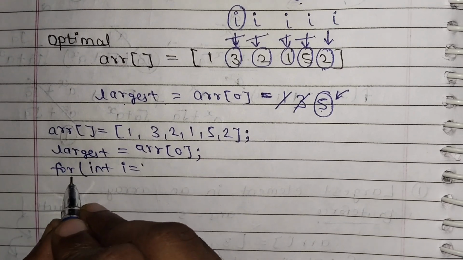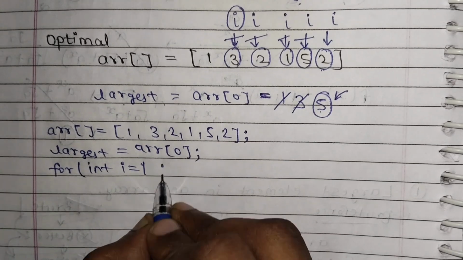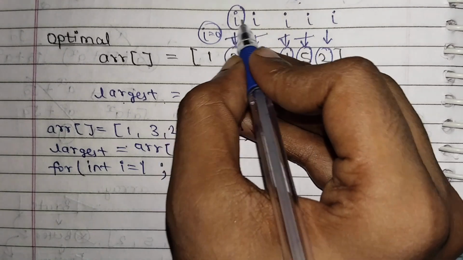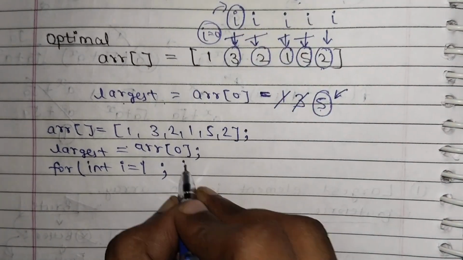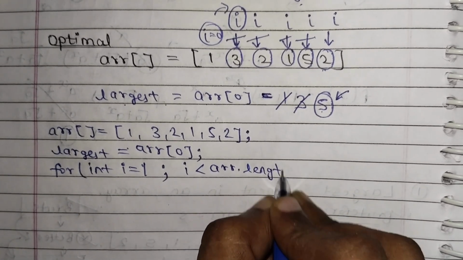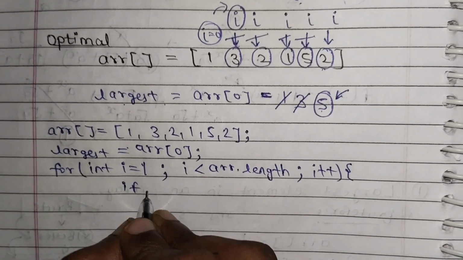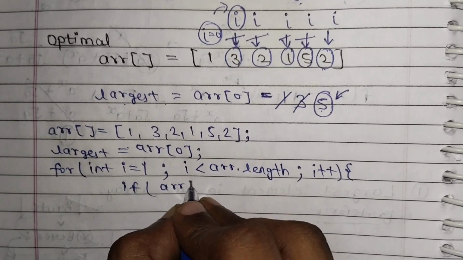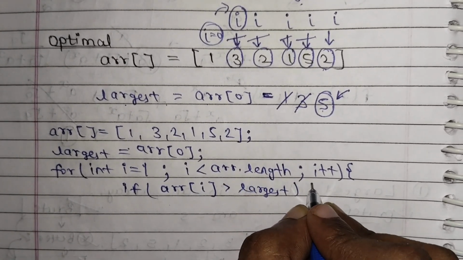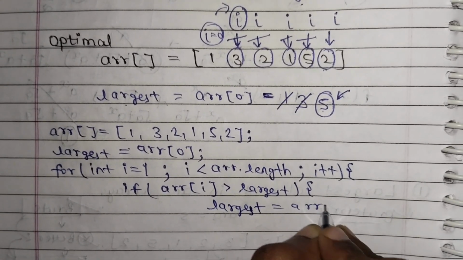We start i from 1, because index 0 is already stored in largest. Then we run while i is less than arr.length, with i plus plus, and we compare: if arr of i is greater than largest, then update largest to arr of i.